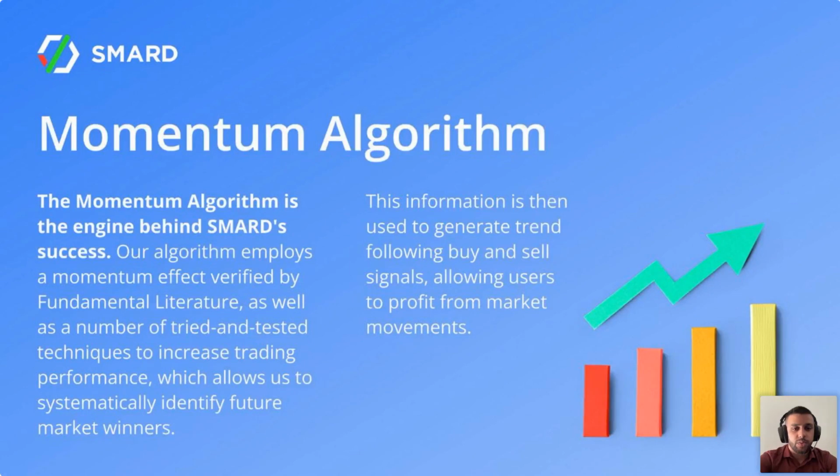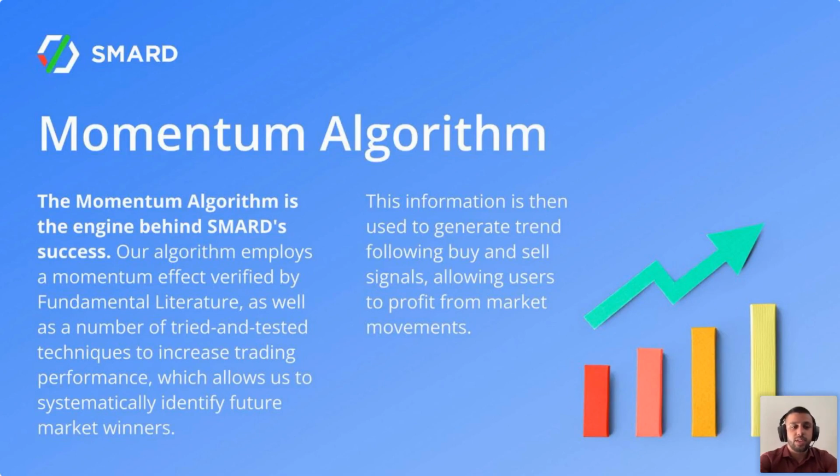So before we get into other features of the SMARD platform tool itself, something about the basis of the algorithm that I will share with you is the momentum algorithm is basically the engine behind Smart's success.